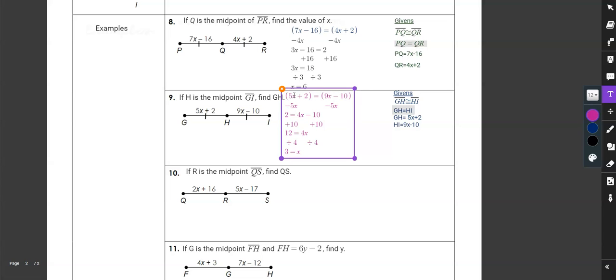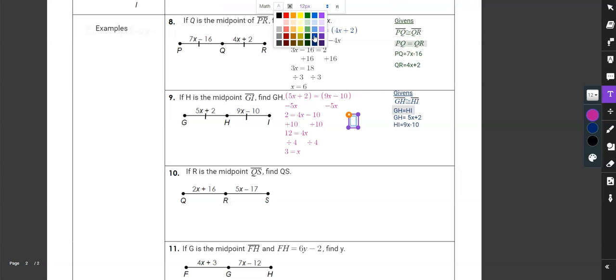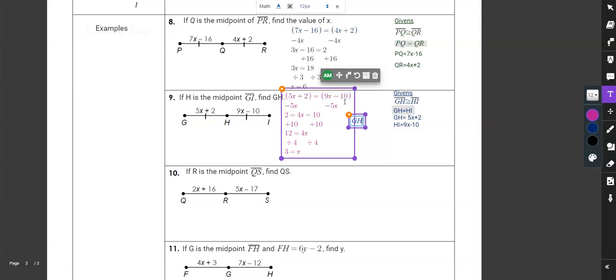I find that multiplying by 5 is always easier than multiplying by 9, so I'm going to choose the actual expression for GH. So we have GH. Let's go ahead and open our formula tool. So GH is equal to 5 times 3 plus 2.